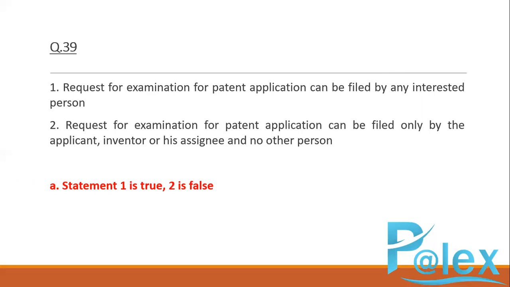In fact, during the e-filing of the request for examination, you always have that option: person interested, applicant, or inventor, or his assignee. So statement 2 says no other person, and that's the reason it is false. Statement 1 is correct.